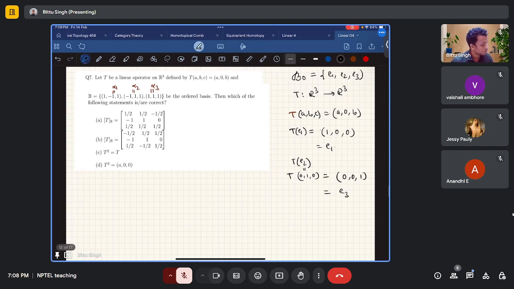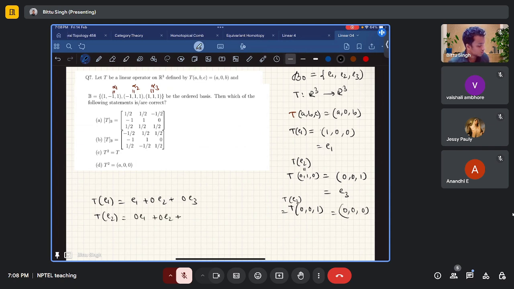So let me again write T(0 0 1), that is T of e3. This is the same as 0 0 0 by this definition. So from here it is clear that T(e1) is the same as e1 plus 0 e2 plus 0 e3. T of e2 is 0 e1 plus 0 e2 plus 1 times e3. T of e3 is 0 times e1, 0 times e2, 0 times e3.